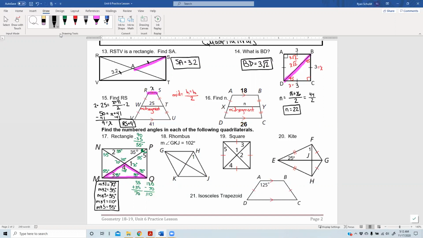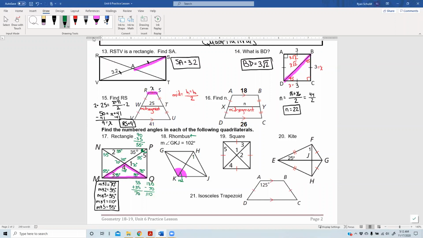Okay, so 18. They tell us that angle GKJ, so this whole angle right here, is 102 degrees. We have to find angle 1 out there. Well, they tell me it's a rhombus right here.